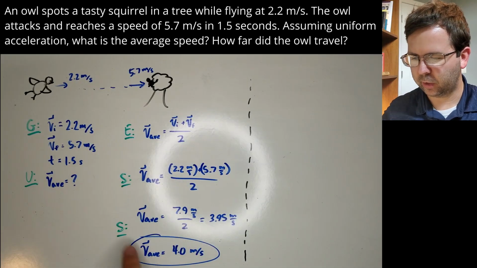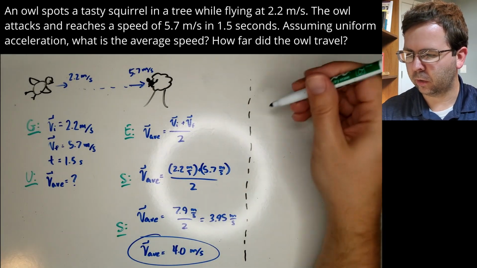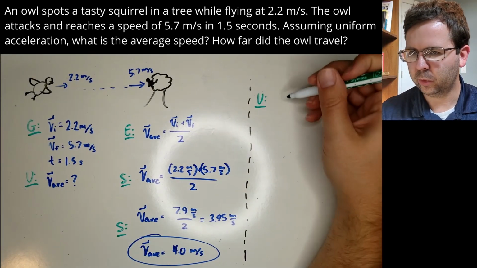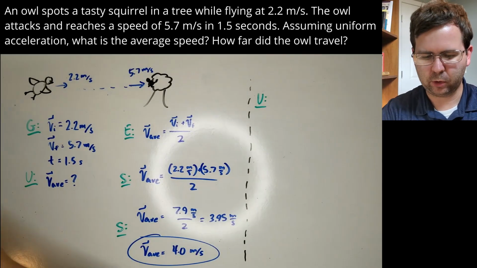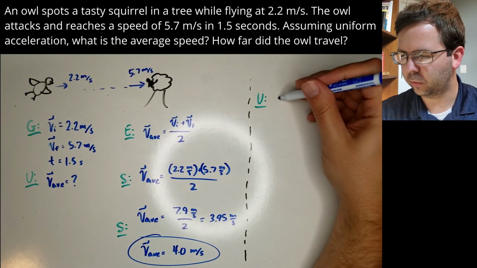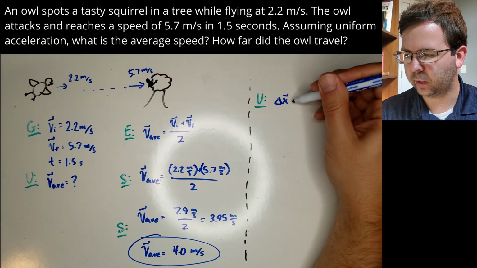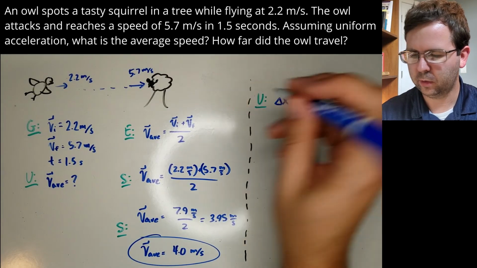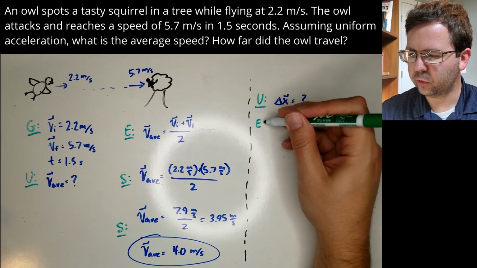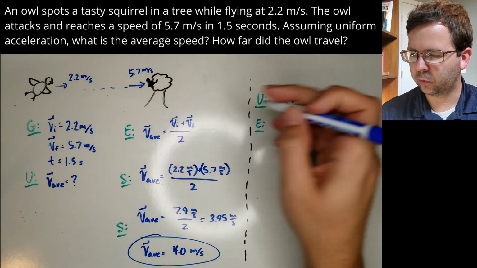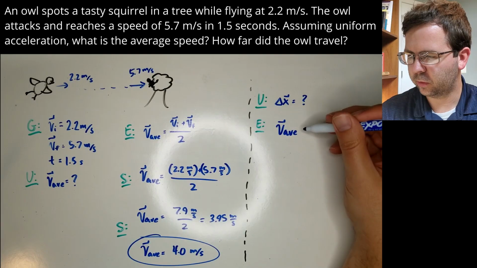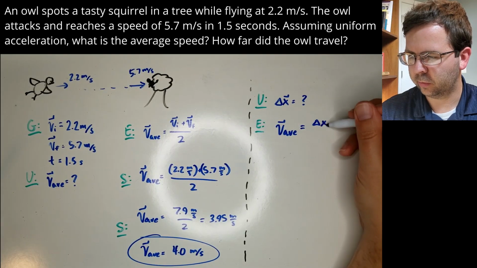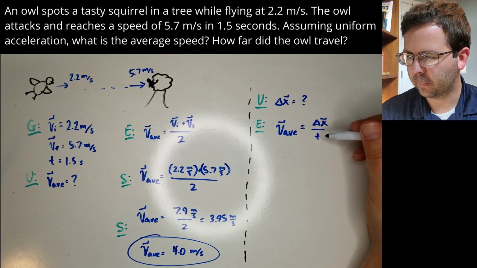So we already have all of our given information. I'll write down our new unknown information, which is the distance traveled. How far does the owl go, or is displacement. So we use delta x to represent how much the position changes. The equation we can use now is going to be this average speed equation that has the displacement in it, delta x over time.